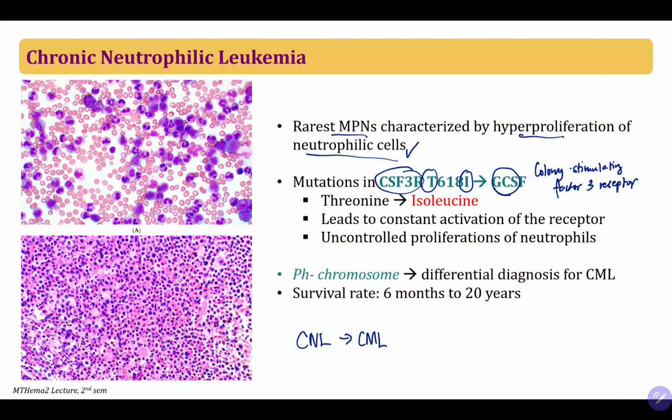Now, once diagnosed, survival rate of patients ranges from 6 months to 20 years depending on its progression. Again, in CNL, Philadelphia negative. In CML, Philadelphia positive. Okay? The juvenile CML, Philadelphia negative. Okay?